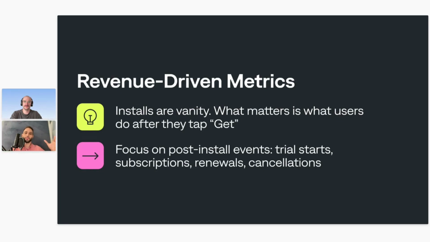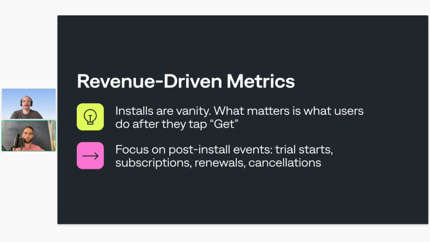So here are the four signals we focus on when evaluating Apple Search performance. First of all, trial starts. Are users showing intent to engage? Secondly, paid conversions or subscriptions. Did they commit to pay? Renewals. Are they sticking around? Cancellations. Where is value falling short?